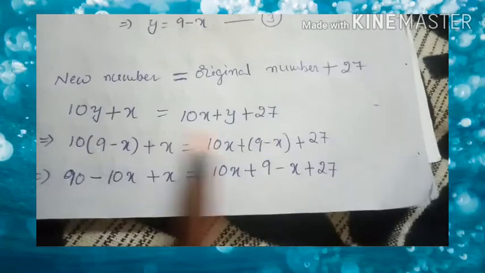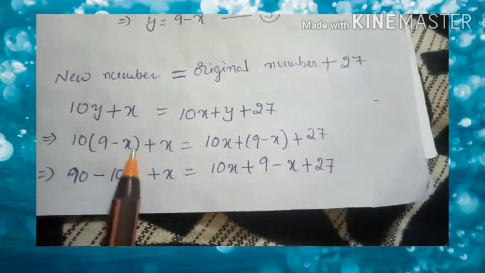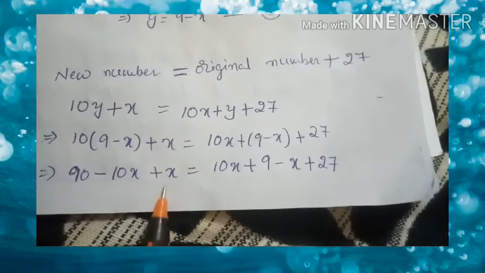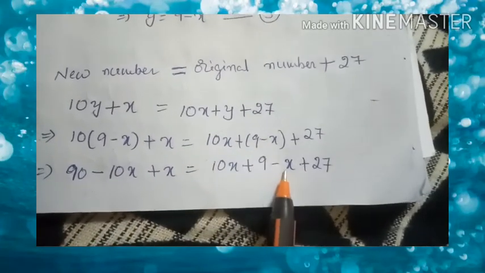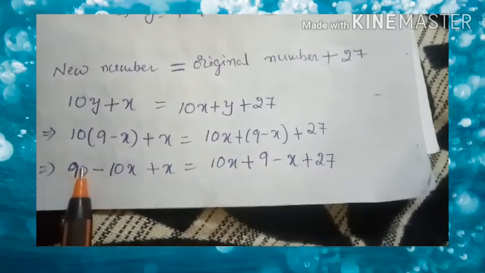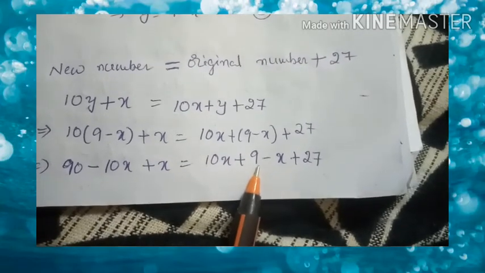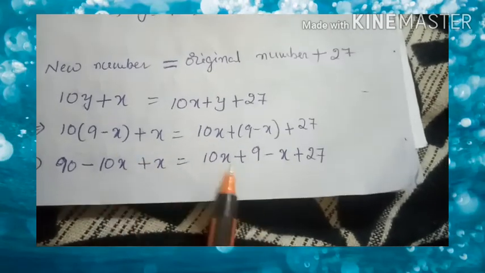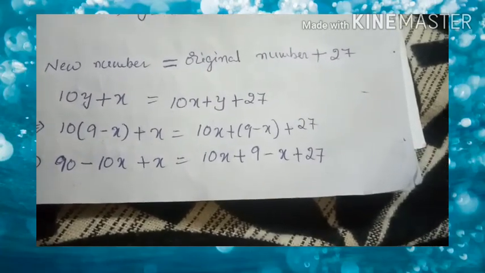Okay, now remove the brackets. 10 into 9, 90 minus 10 into x, 10x plus x is equal to 10x plus 9 minus x plus 27. Now we got a linear equation having variables on both sides. Now separate the variables and the constants.